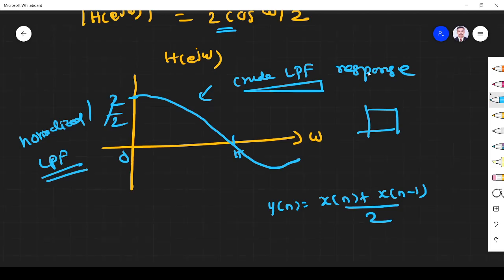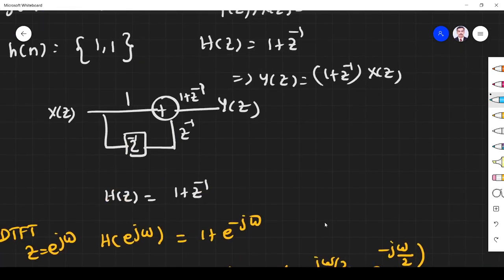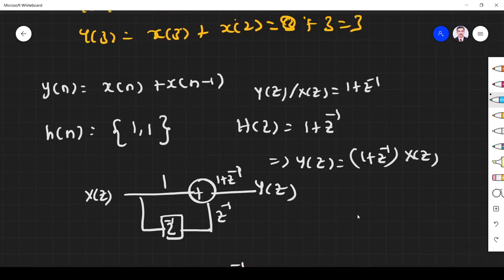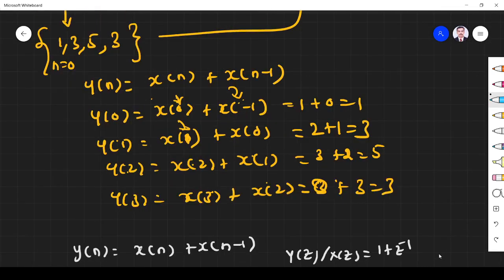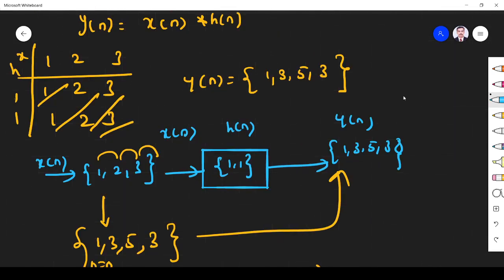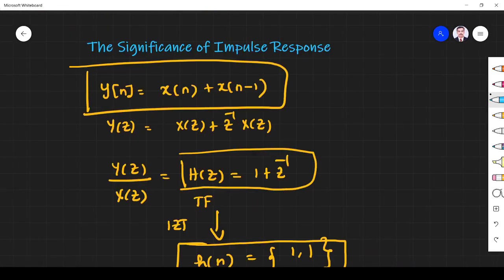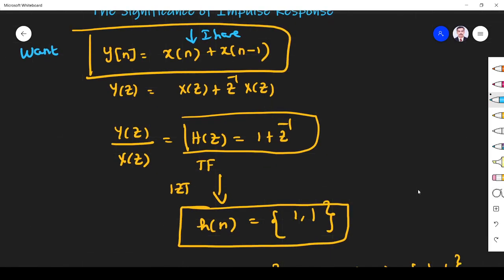This is the way a system is designed in real life. I hope you understand this concept clearly, right? Whenever you want to design a system, we know what output I want. This is what I want, this is what I have. So if I want to go from this to this, the only thing I have to do is design h of n.